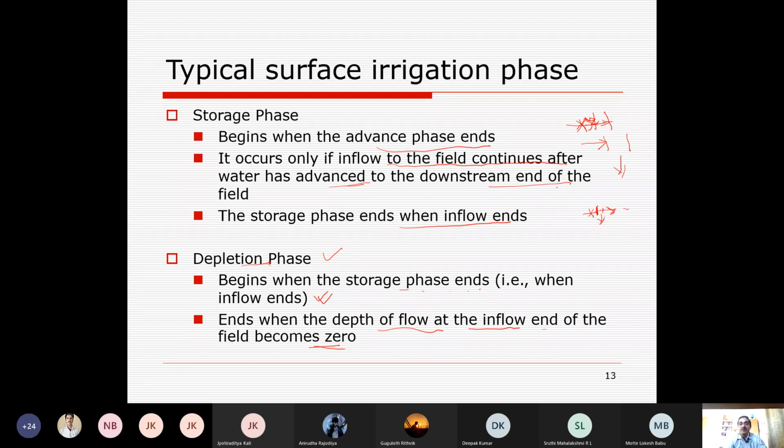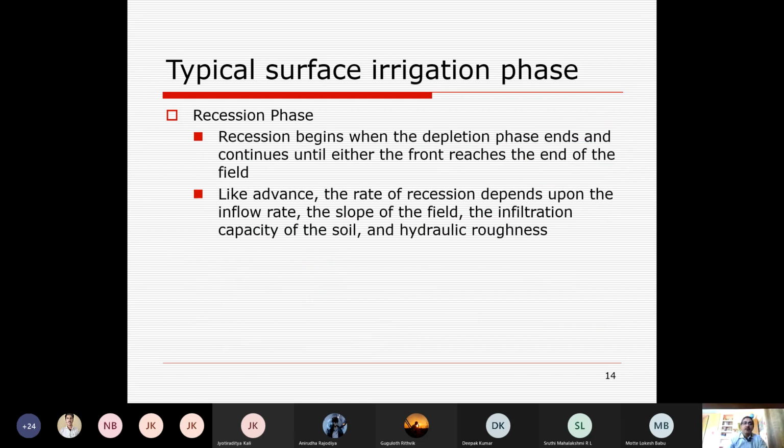So the depletion phase ends when the depth of flow at the inflow end of the field becomes zero. There is no water on the surface. All the water is stored in the soil by the infiltration process. Now it is the recession phase, which is very important in designing an irrigation method.